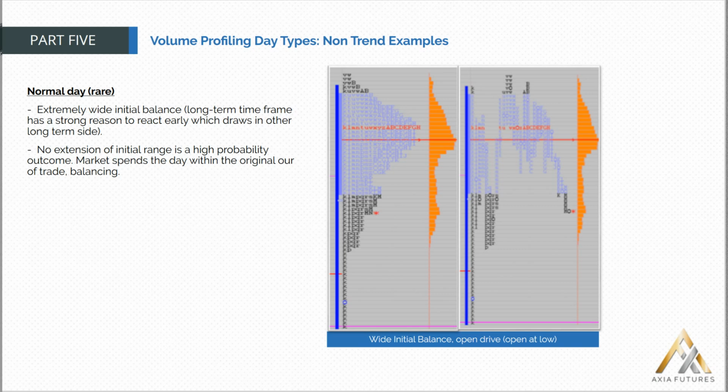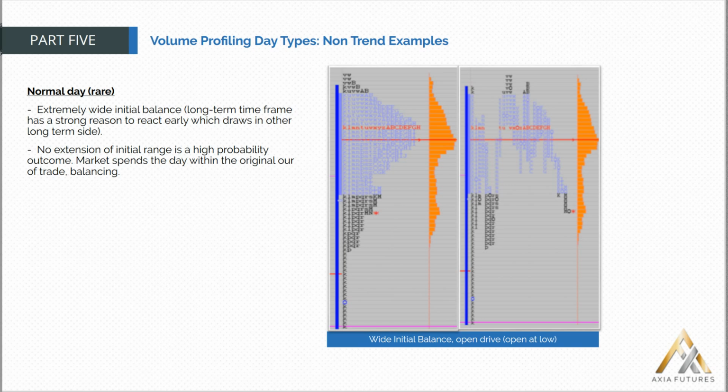Now, the easy way to identify this is to make sure that you track the range of the initial balance every single day. If on average you find that it's roughly 10 to 15 prices, the day you have a 30 or 40 or more price range, you know there's a high probability we are going to get a normal day type.